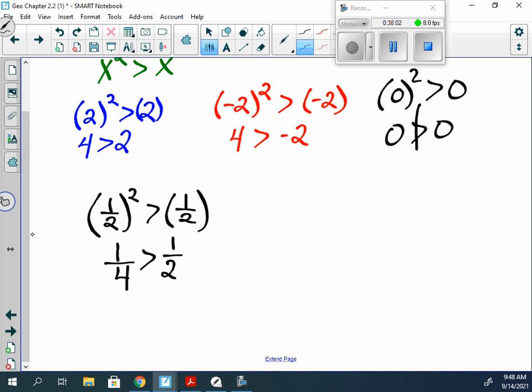Is 1/4 greater than 1/2? No. So fractions and decimals, when we square them, they actually get smaller. So 0 or fractions, either one of those would work. Do I need to include both? How many do we need? 1. As soon as we got 0, we're done.